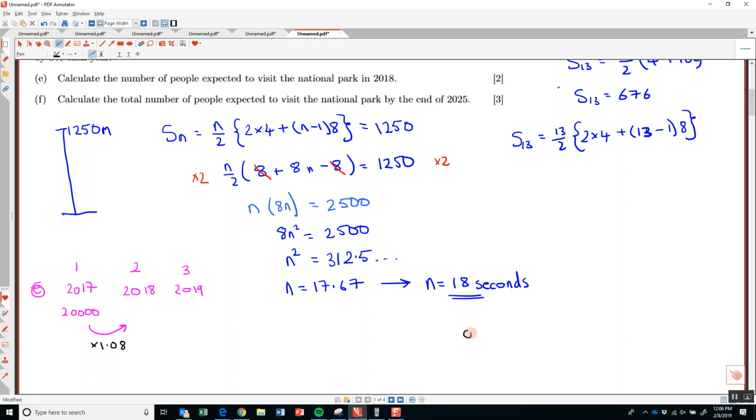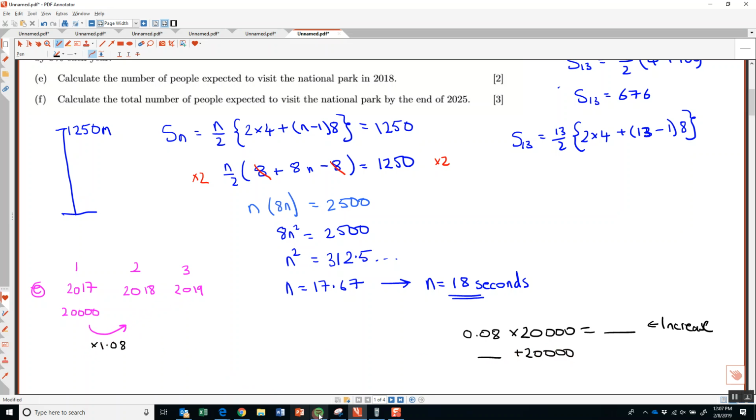So you could actually do 0.08 multiplied by 20,000. Okay, this will give you the increase. But to work out the total amount, you need to then take this amount and add it on to the 20,000. So that's what we're doing when we're doing the times 1.08. That's what the 1 is, okay?